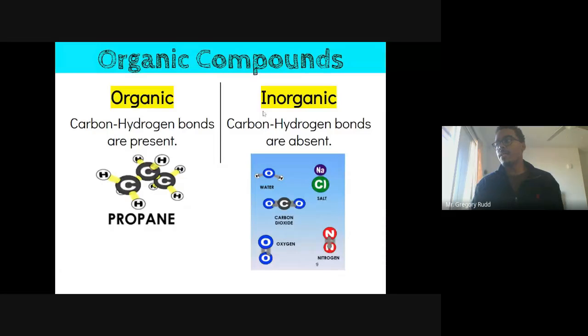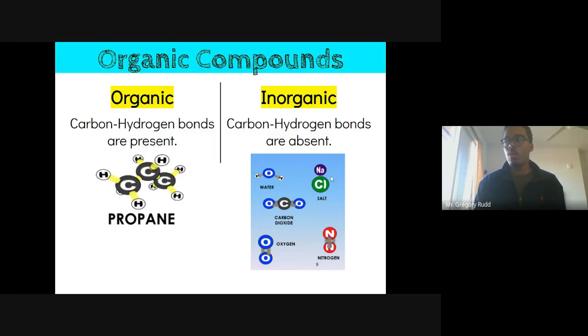Inorganic compounds are compounds or molecules that do not have carbon-hydrogen bonds. So either they don't have carbon, as is the case in water. Water is just H2O, so there's no carbon in water. Or they don't have hydrogen, like carbon dioxide, which is CO2. It does not have hydrogen.